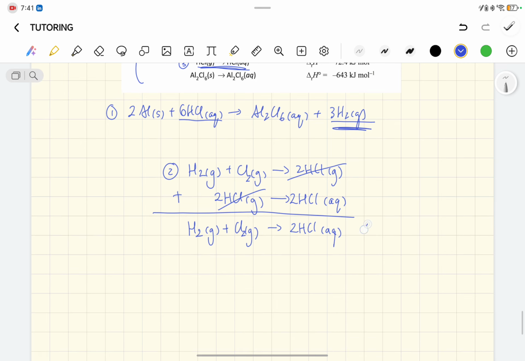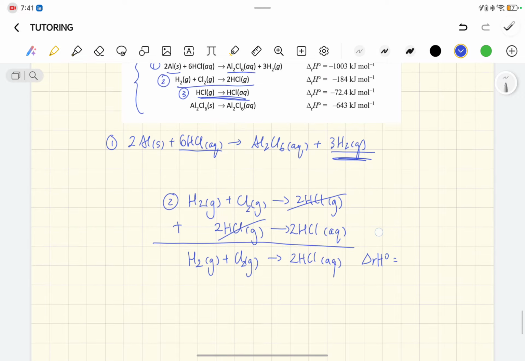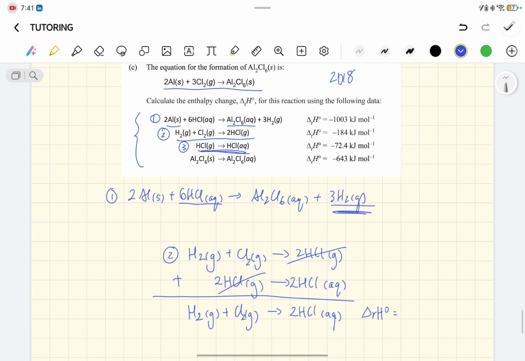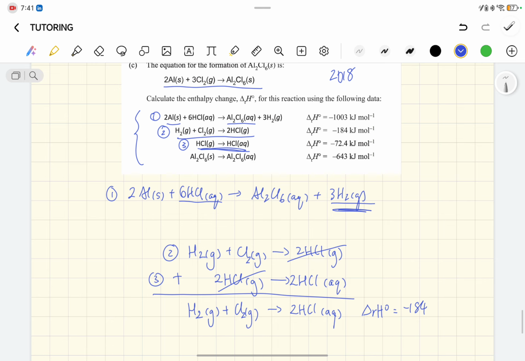And now we have to calculate the enthalpy change of this reaction. So for reaction 2, our enthalpy change is -184, and we need to add the reaction enthalpy change for equation 3, which is -72.4.